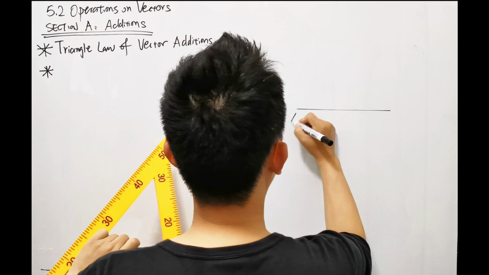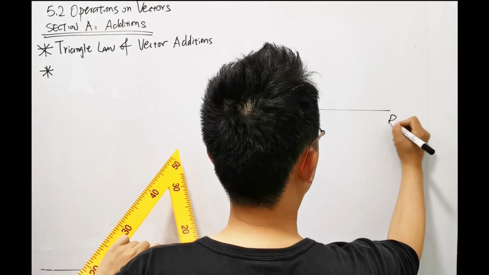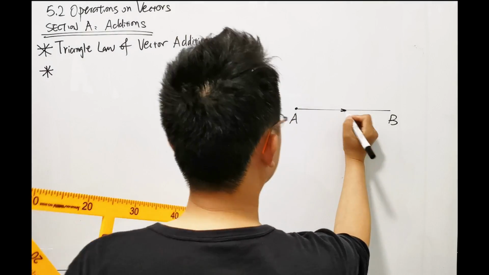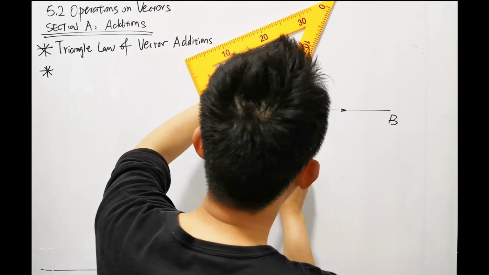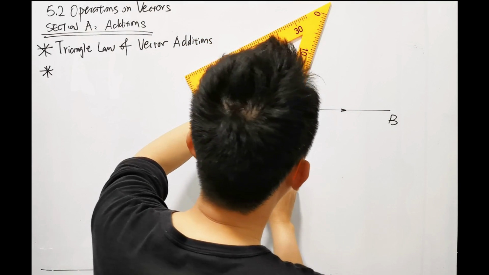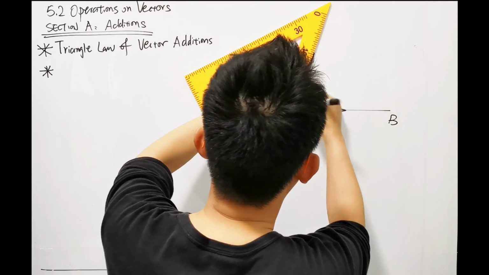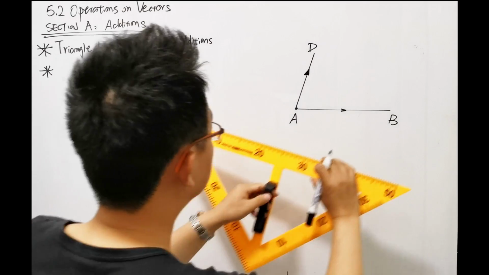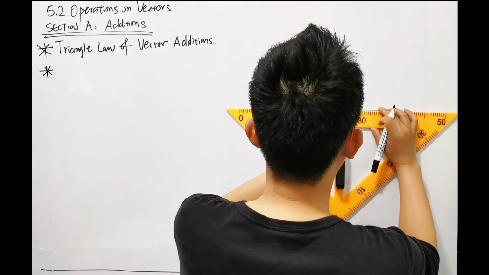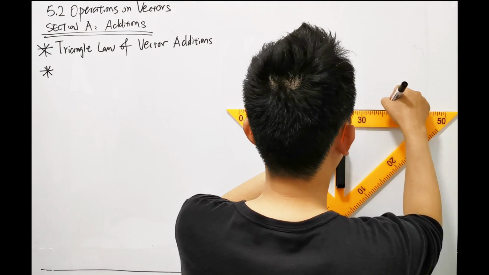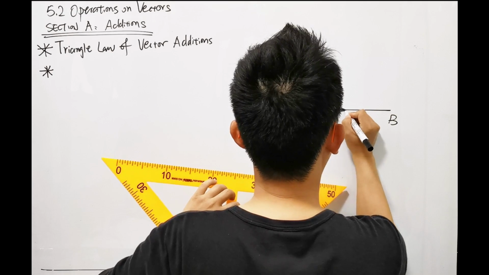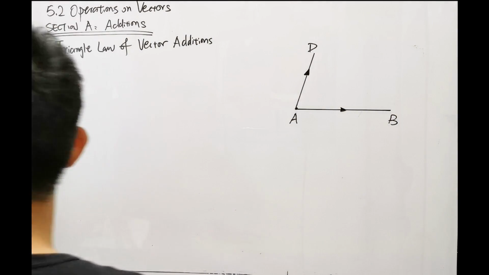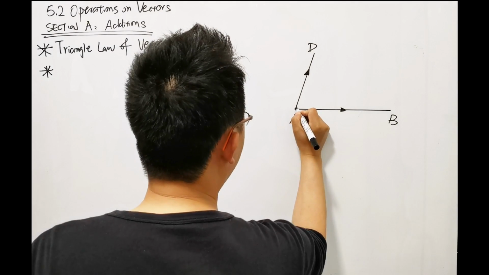So we have two vectors, AB and AD. Okay, they all have a common initial point.